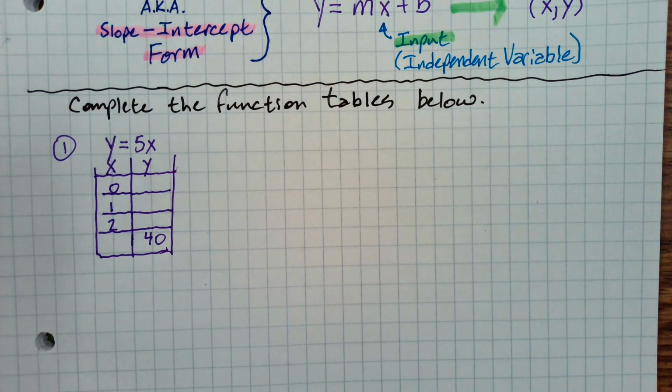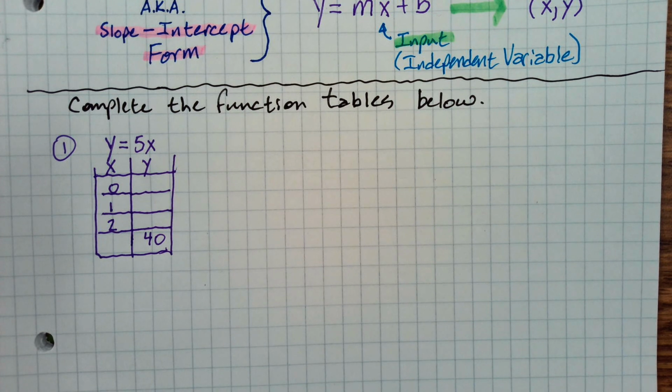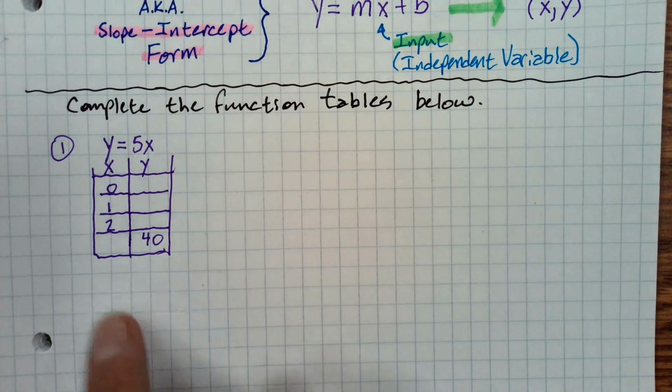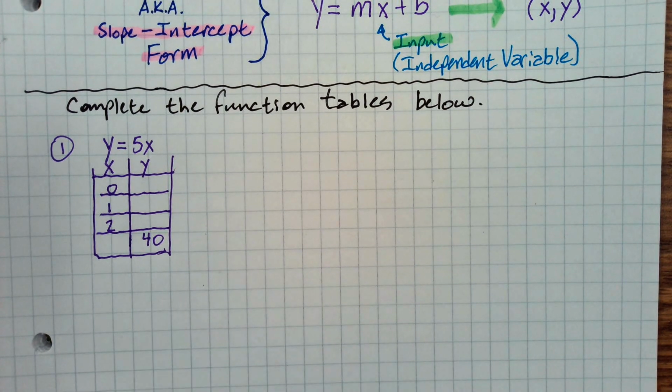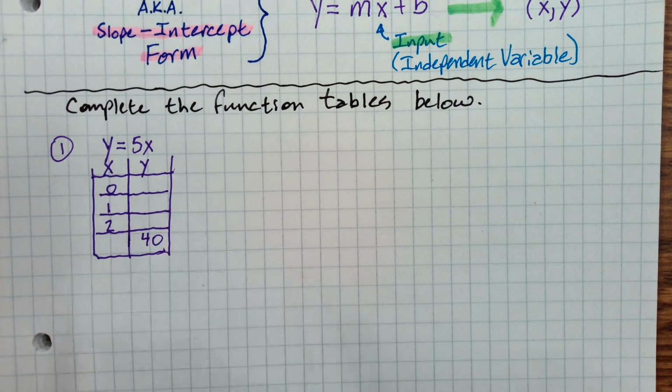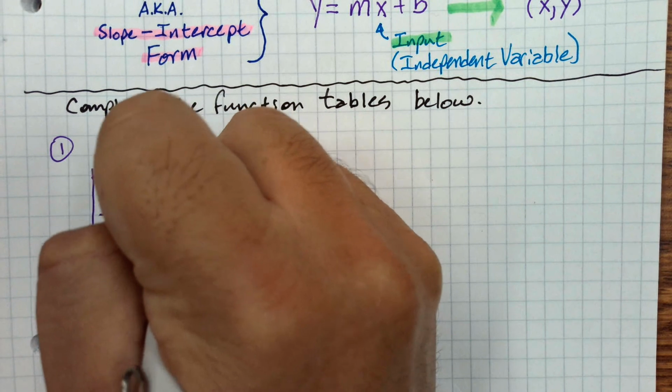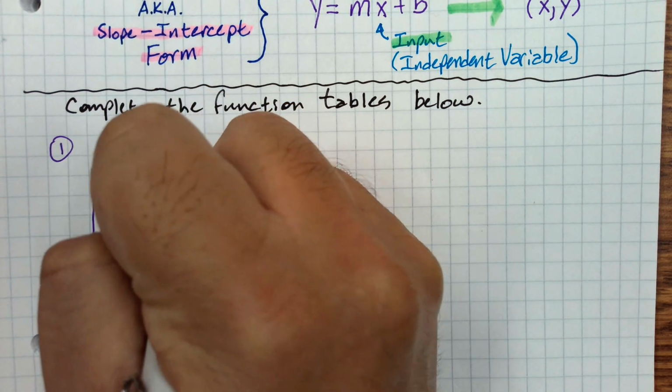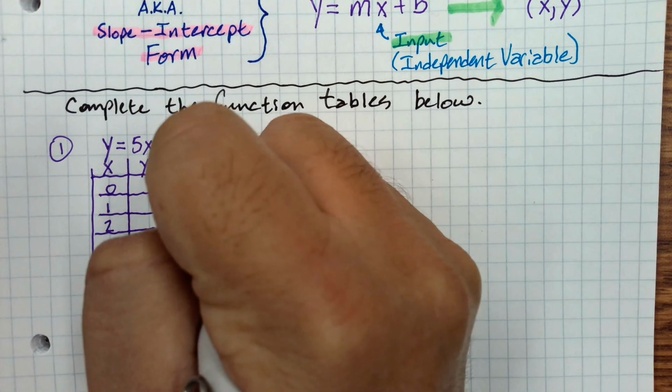Okay. So I want you to make that table. So I have 3 inputs, 0, 1, and 2, and 1 output, 40. And we want to figure out these missing numbers. Okay? And we got a rule, don't we? We got a rule. And the rule is y equals 5 times x. That's our function. So it's 5 times something. Each and every time it's 5 times something.